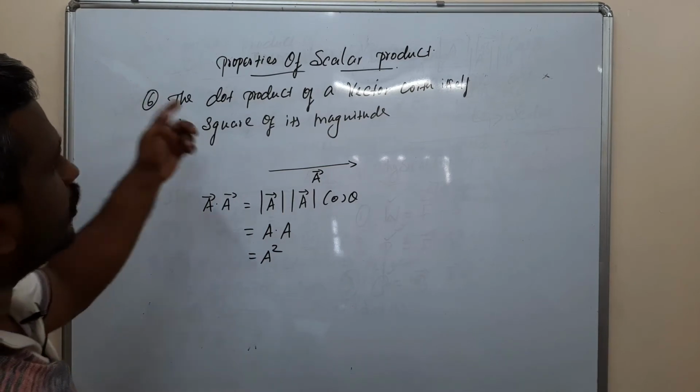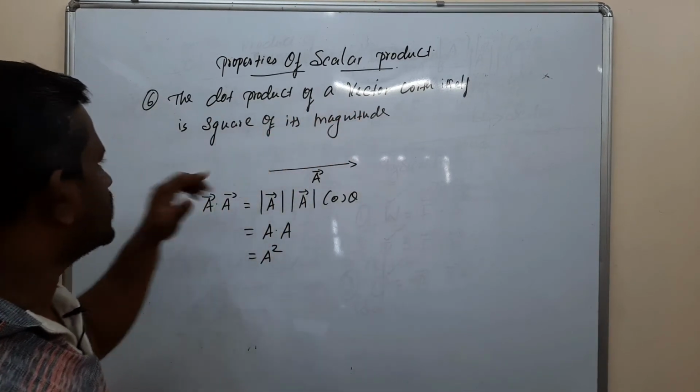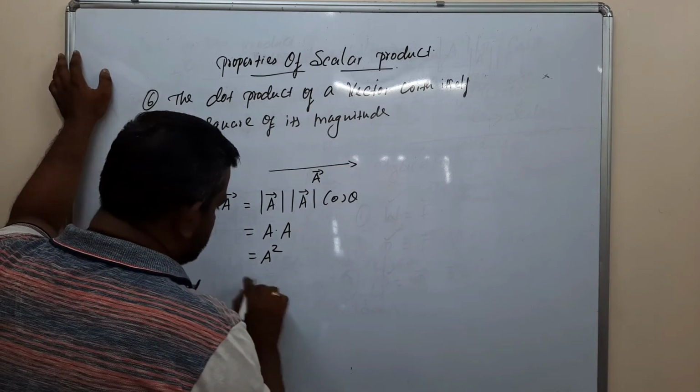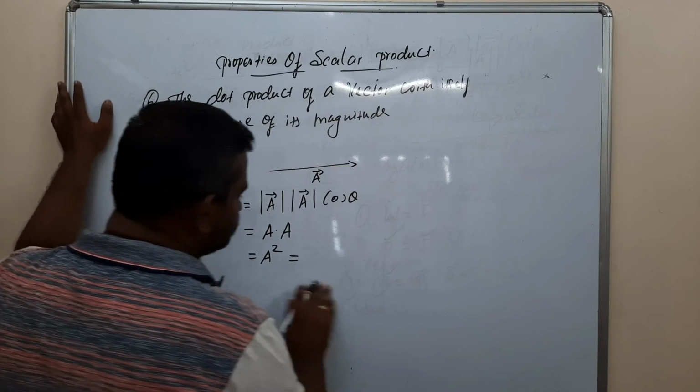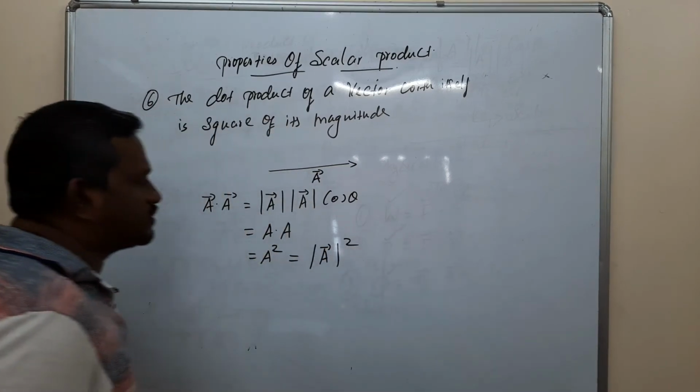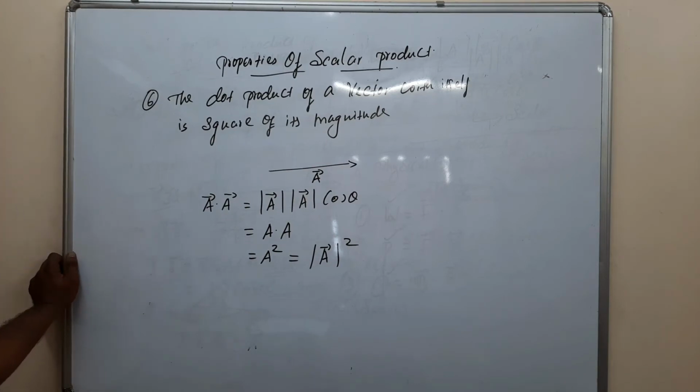So the dot product of a vector with itself is the square of its magnitude, which can also be written as modulus of A vector squared.